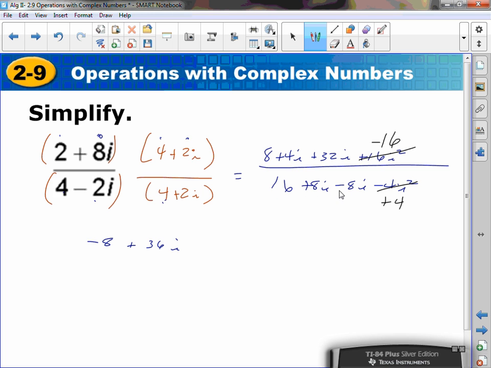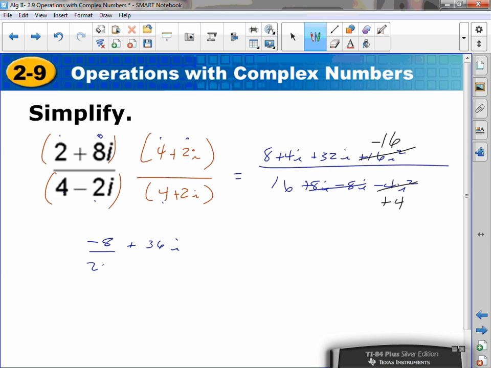What happens here? Why do they cancel out here? Because I have a positive and a negative here. When they're the opposite, remember it's our special function. 4 squared, 16 minus 2i squared gives you the 4i squared.